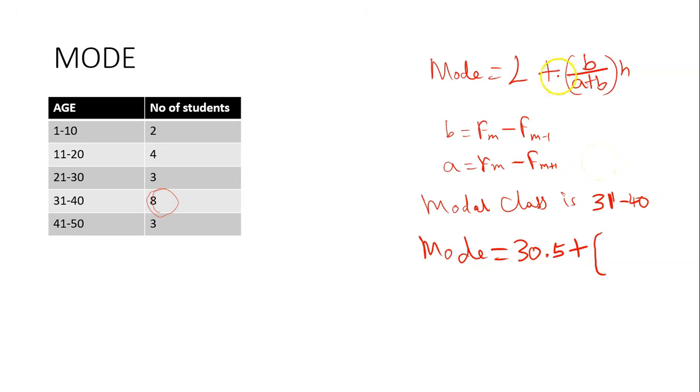B means the frequency of the modal class minus the frequency that comes before the modal class. So this is the frequency of the modal class, isn't it? Now, which class comes before the modal class? It is this class. So 8 minus 3. Do you get it? 8 minus 3. That gives you 5. So we substitute a 5 there.